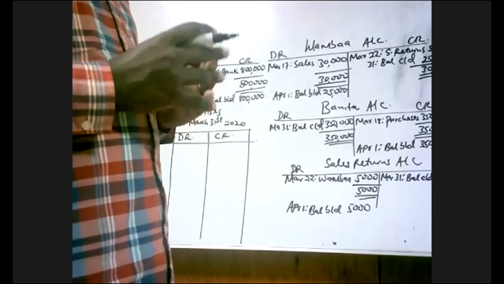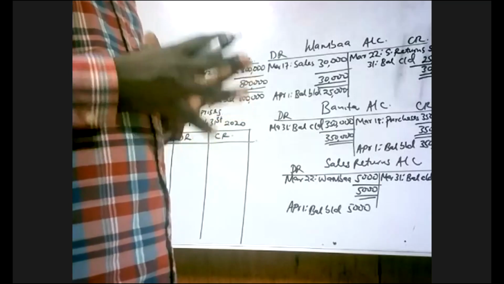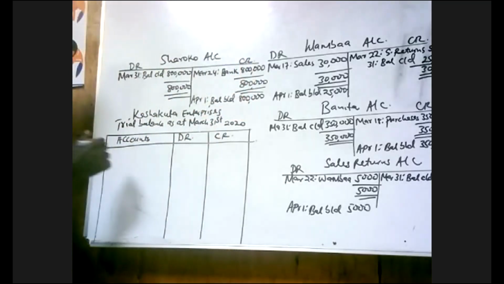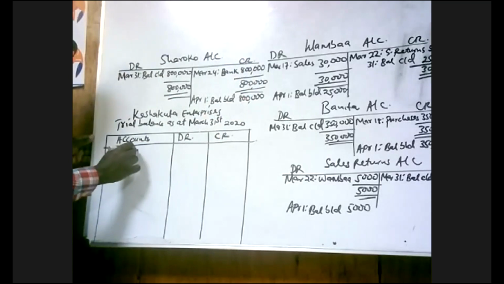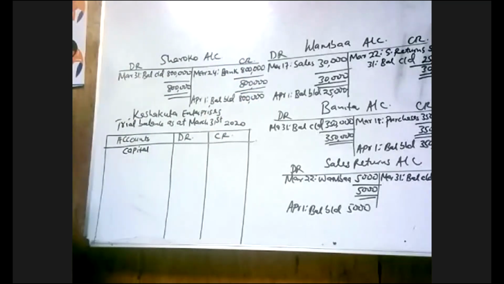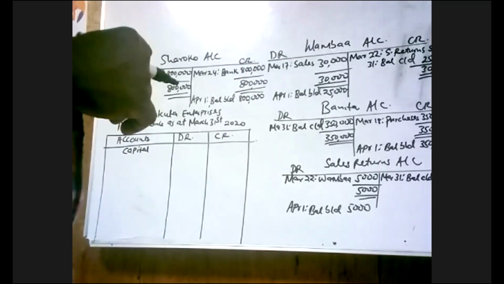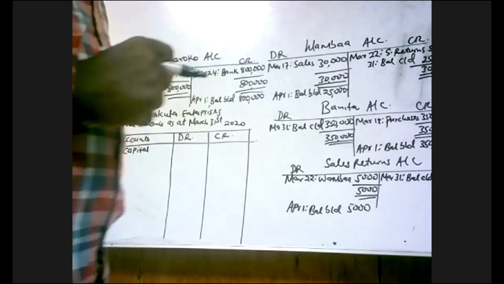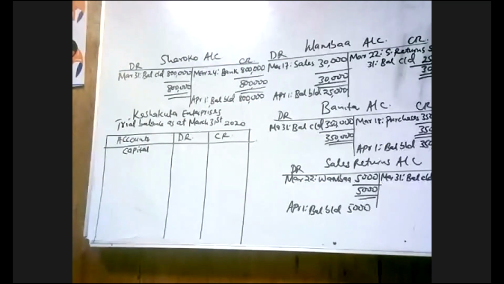That is the balance that is on the correct side of that ledger account. So the first account that we had was capital. How much was our balance brought down, and on which side is it appearing? From what you have in your books.